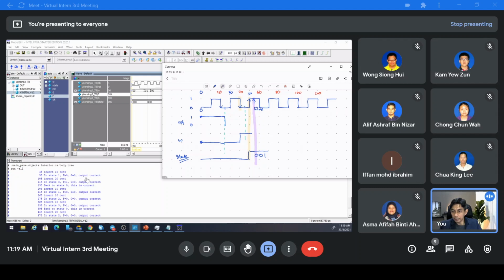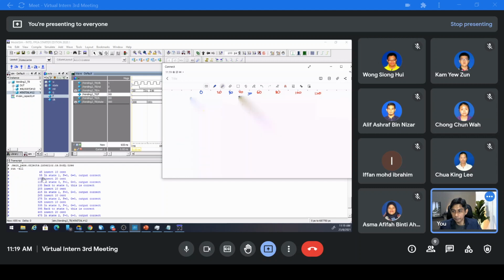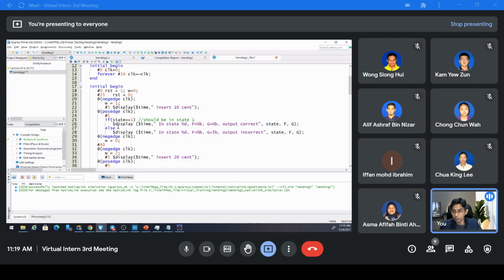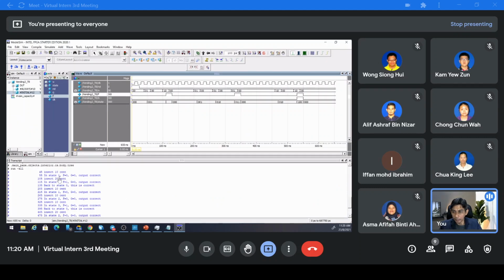So the output is correct in this case, in state 1, at 55, right? Why do we get this? Because in our testbench we write: if state equal to 1 or 0, 0, 1, we display this. That's why we have this in state. So state is now correct, because our design is correct. The value in state is 0, 0, 1. That's why it shows 1 here.